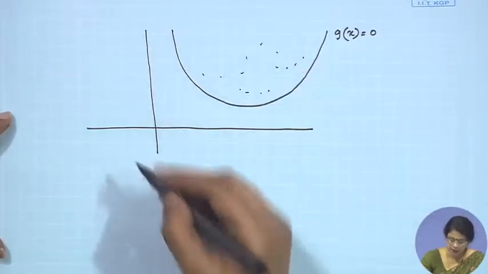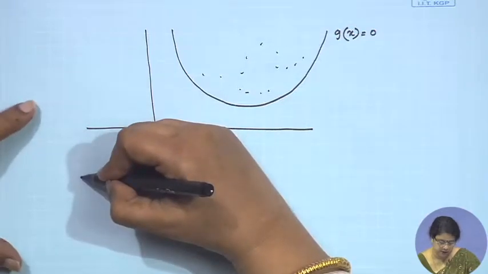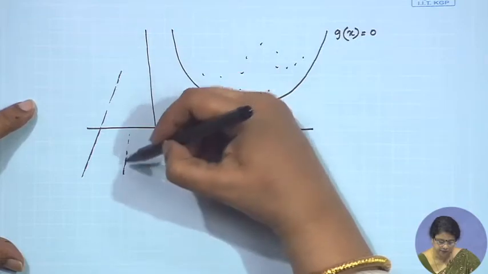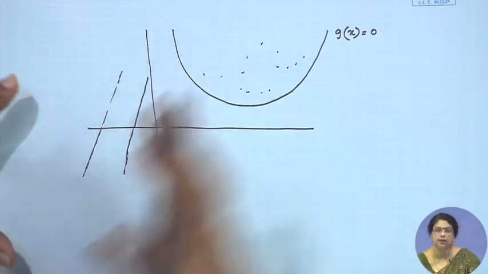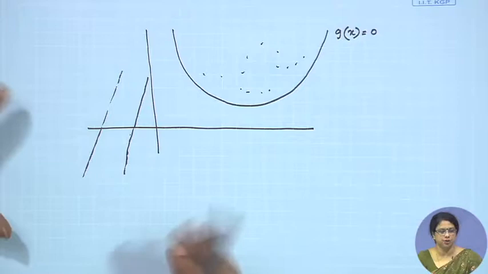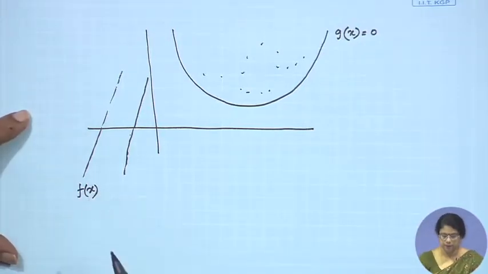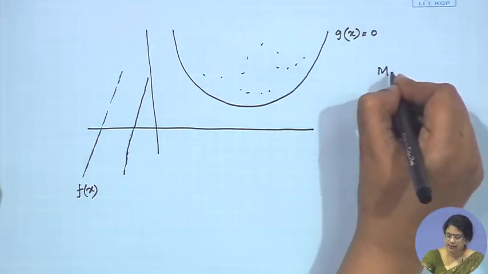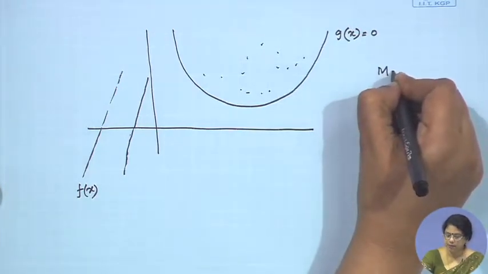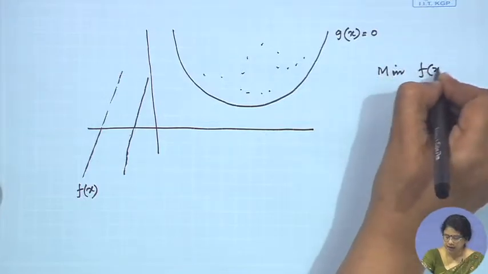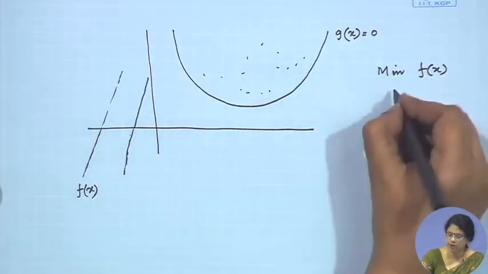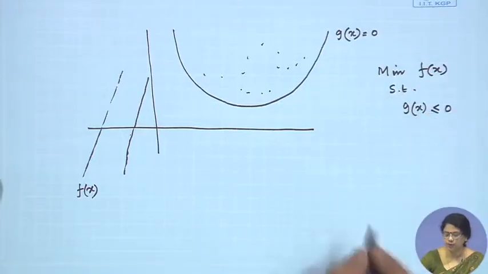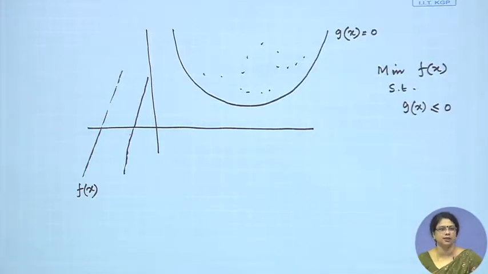Now, there is one objective function, and these are the level curves of the objective function f(x). We have minimization of f(x), which is a linear function, subject to g(x) less than or equal to 0. This is the only thing given.